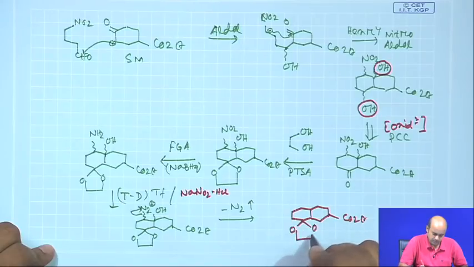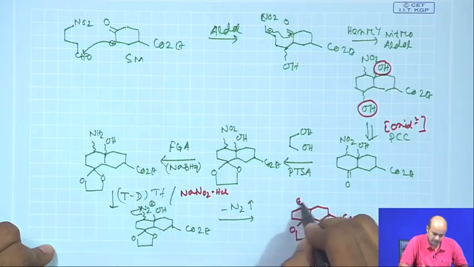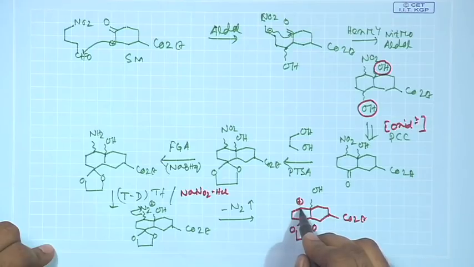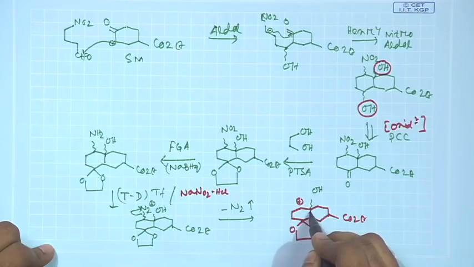Try to get the flavor of the mechanism. You are basically having a carbonium ion here. You are having an OH here, adjacent OH. Now, this is a secondary carbonium ion, and then this secondary carbonium ion will try to rearrange through migration.